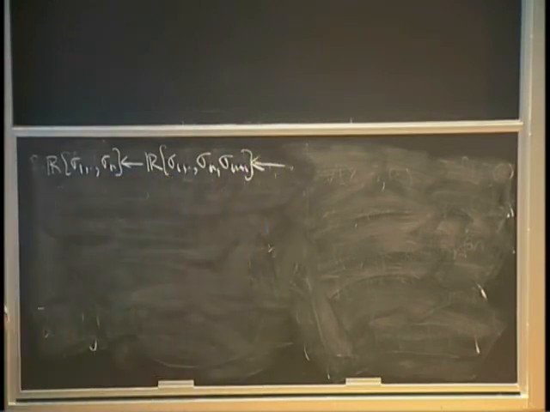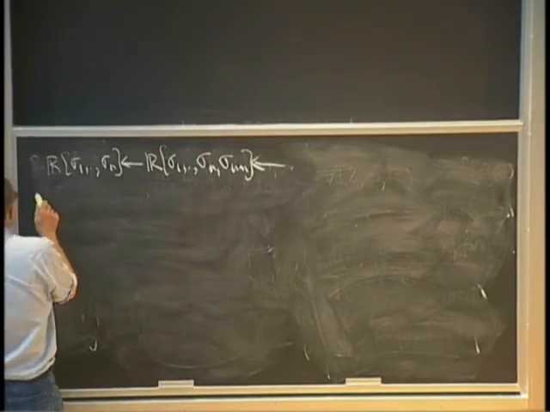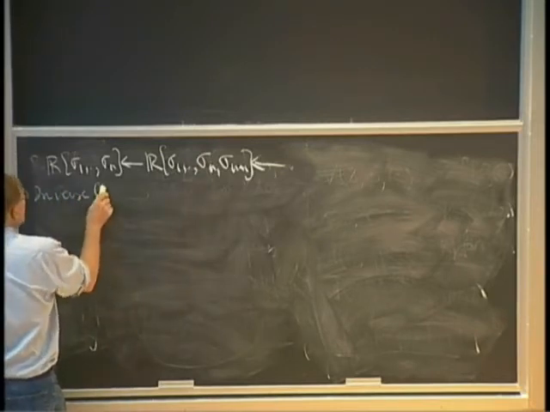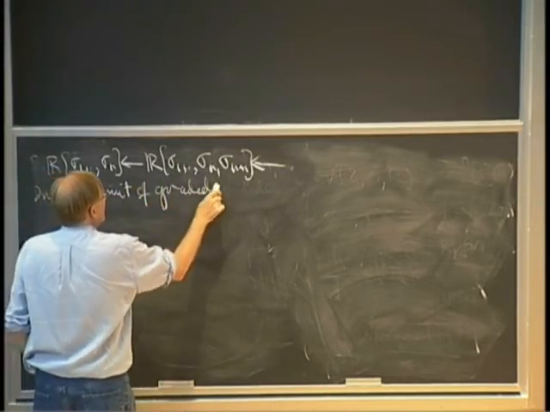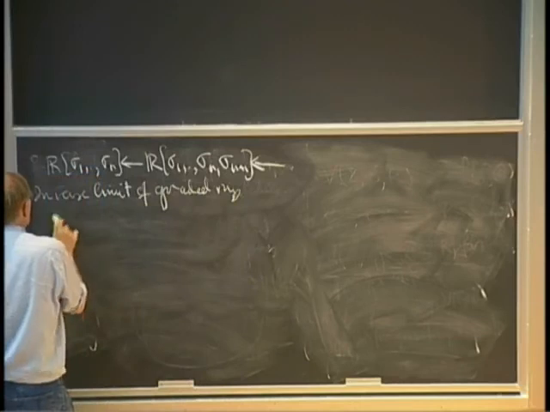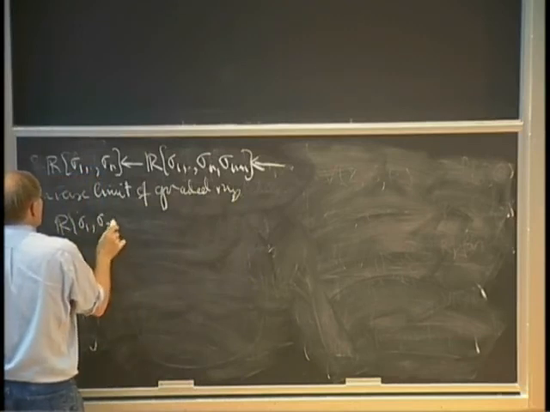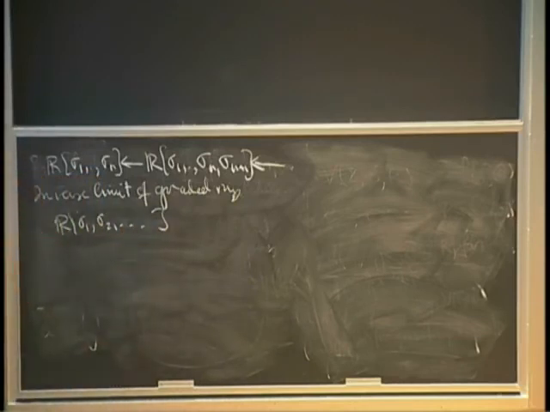I can actually build an inverse system of rings like this corresponding to the direct system, which takes an n-tuple and adds 0 to it to get an n plus 1 tuple. And so I get an inverse limit of rings here, an inverse limit of graded rings. And that inverse limit is, of course, R of sigma 1 and so on, with no bound on everything happening. It's important that you take the inverse limit in the graded context.